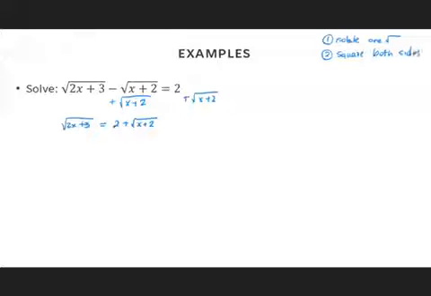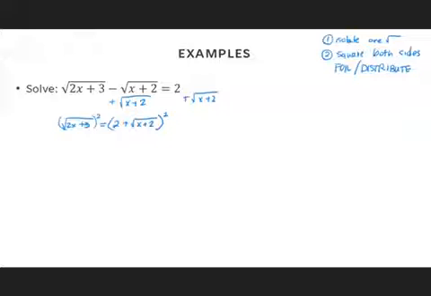And again, FOIL or distribute. It just is going to look so messy this time, but we're going to do the same thing. So we're going to take this entire side and square it. We're going to take everything on the right side, put it in a parenthesis, and square it. Okay.